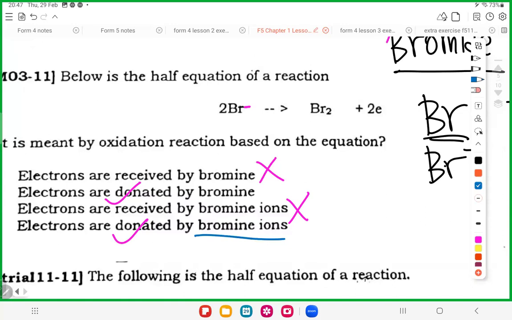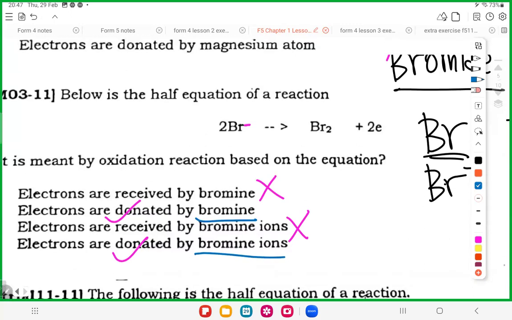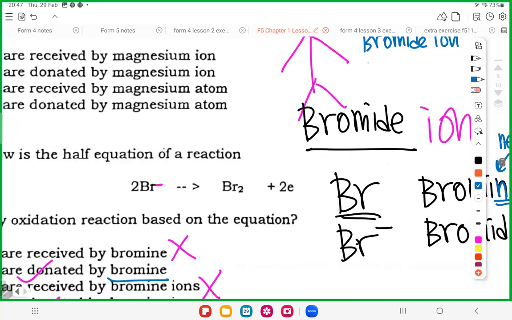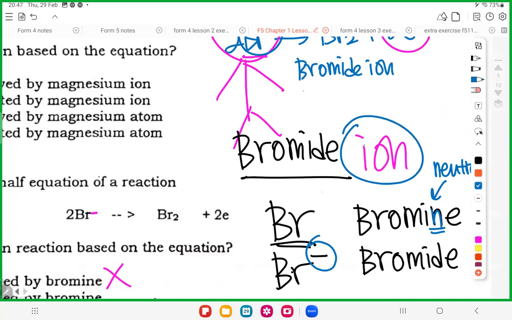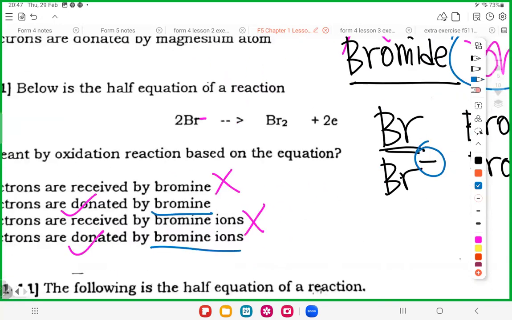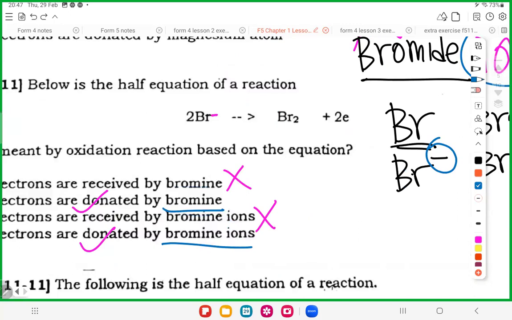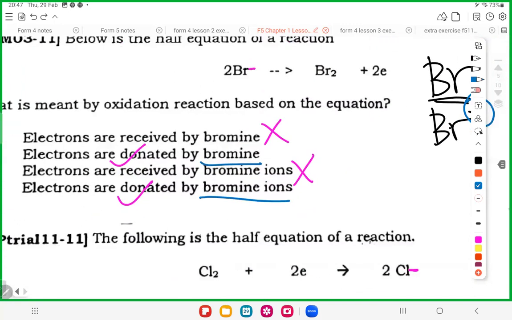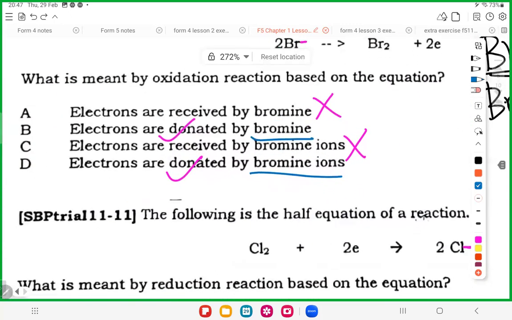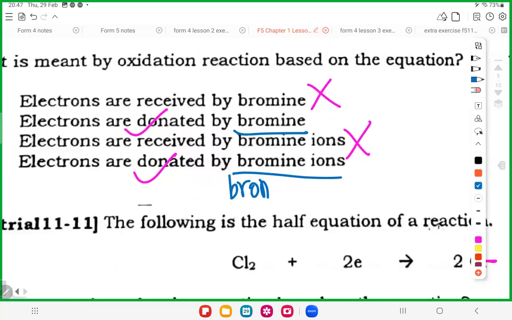There's no other answer, because it cannot be bromine, because when you have a charge, you must put the word ion. This one has ion. So D is the best answer, but actually D is not the correct answer. The correct answer should be bromide, isn't it?